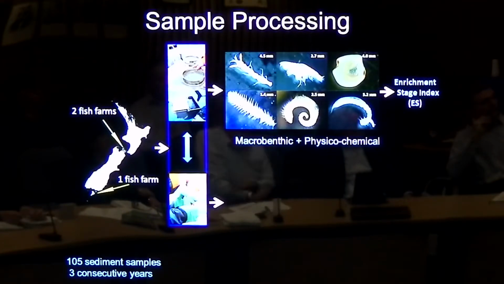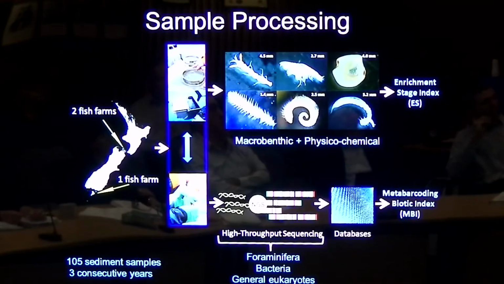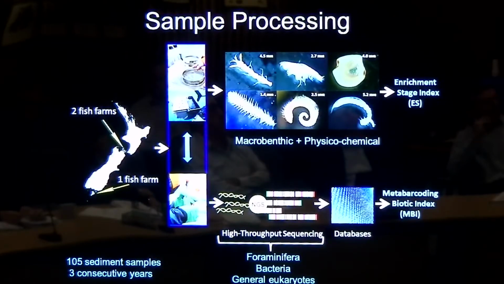And in parallel, using the same samples, we extracted all of the genetic material, used high-throughput sequencing technology to capture all of these 3 taxonomic groups, bioinformatic tools to compare and identify the species present within each of these groups against a reference database, and of course, then a big exercise which was about developing this metabarcoding biotic index.